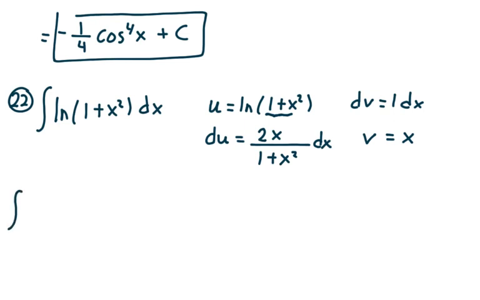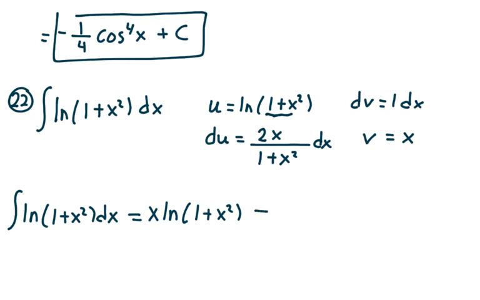And so the natural log of 1 plus x squared dx is uv, which is x natural log of 1 plus x squared, minus the integral of 2x over 1 plus x squared times x dx. So it should look something like this.